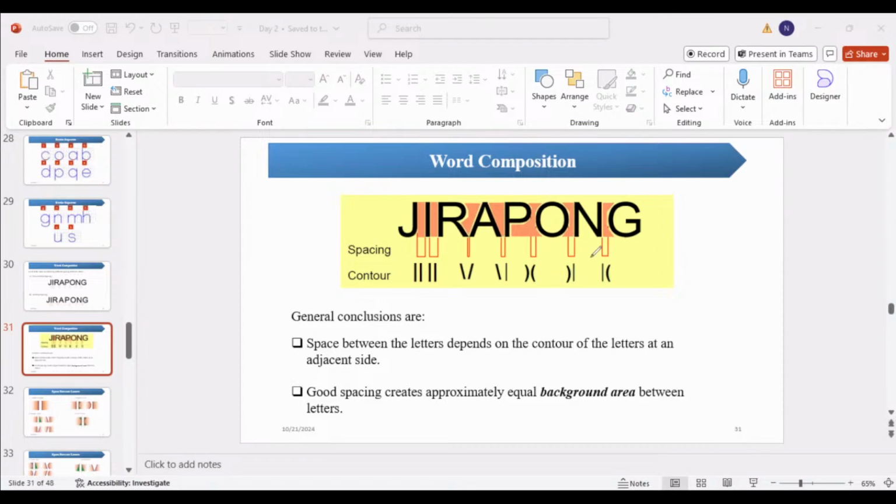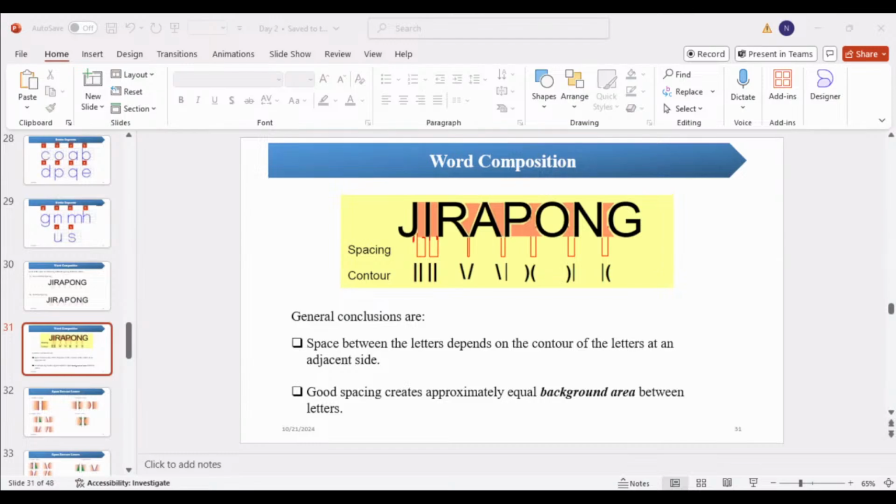The distance between these two corners on the bottom side is what we call the spacing. Alright? If you consider I and R, these 2 points at the bottom. So the length between those 2 points is known as space, right? And good spacing creates approximately equal background area between letters.